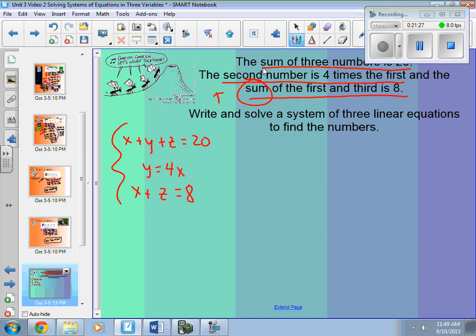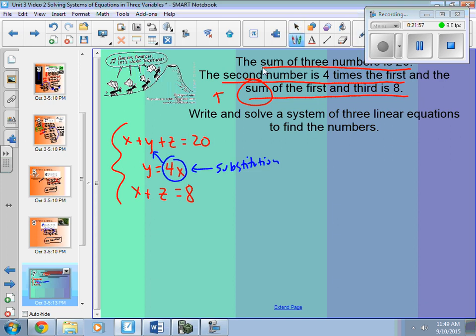All right. Now let's look to solve this one. This looks like one where we could solve by substitution. And the reason we can solve by substitution, looks like we got one right here that has a y equals. That's telling us probably substitution would be a good call here. So if we substitute, the bottom equation doesn't have a y, but this top one does. Let's plug that in right there.